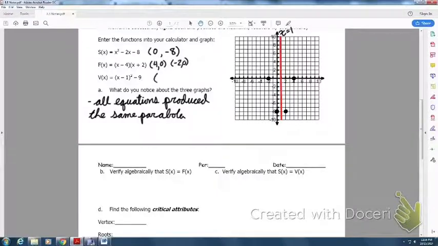It's 1, -9. Awesome. And so you have enough points there that you can graph those.